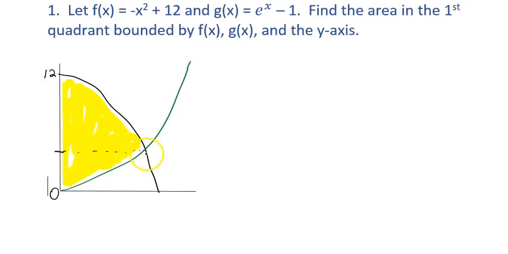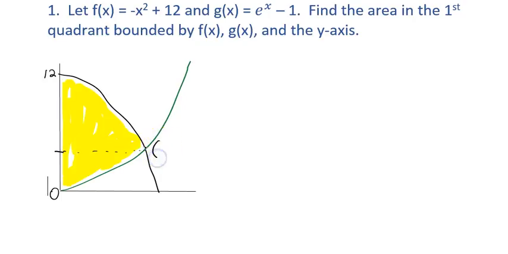Well, where do those meet? Let's find out. So I want to find the intersection point. I'm just going to graph these using my calculator to help us out. So I'm going to put f of x into y1 and g of x into y2, and then graph it and calculate the intersection. So pause and do that.